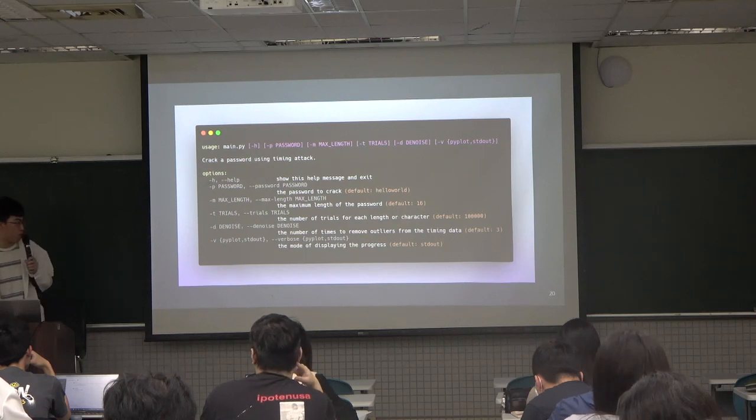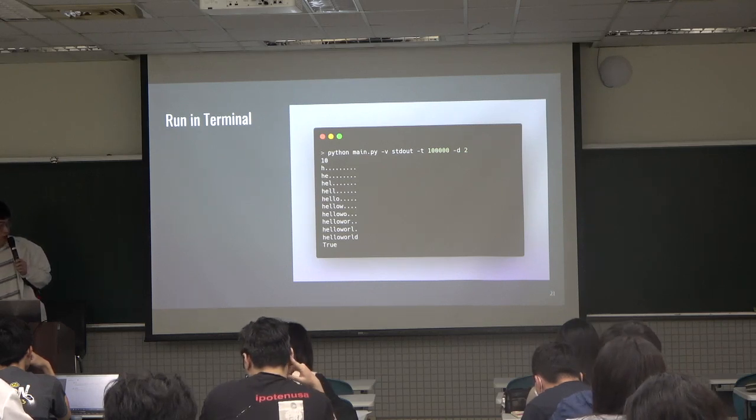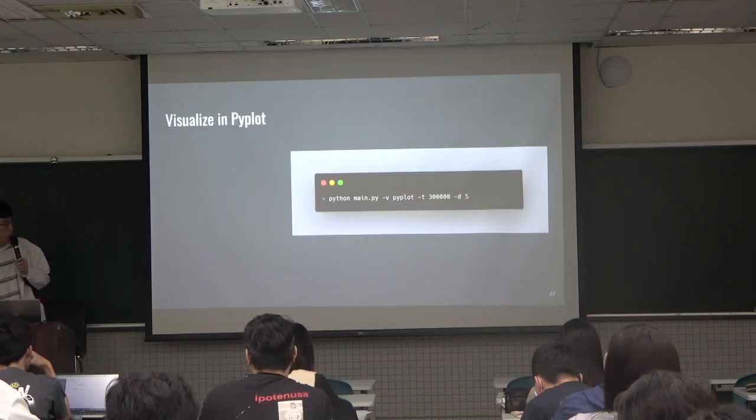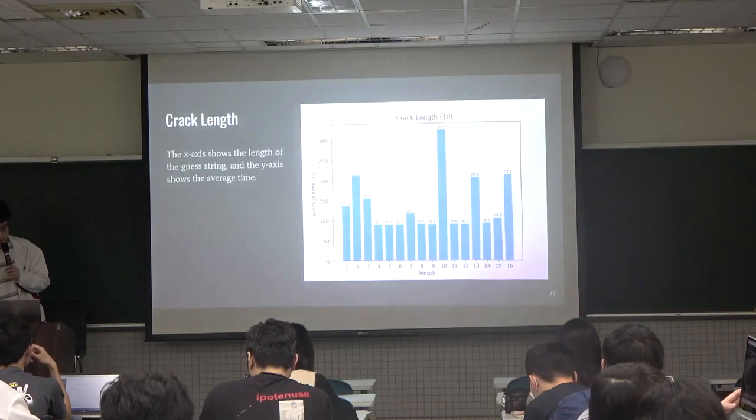It has two options. The first option is the standard output. It prints text to the console. And the other option is to use the pyplot, and it looks like this.